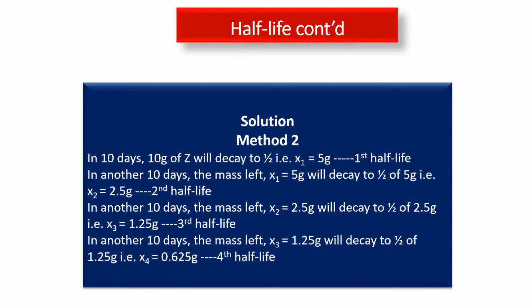And in another 10 days, 10 days of the first time plus 10 days of the second time plus 10 days of the third time plus the 10 days of this fourth time, now making 40 days. So in these 40 days, the fourth 10 days, the mass that is left, which initially is 1.25, will also decay to half, which is 0.625, and this is the fourth decay, which we can refer to as the fourth half-life.